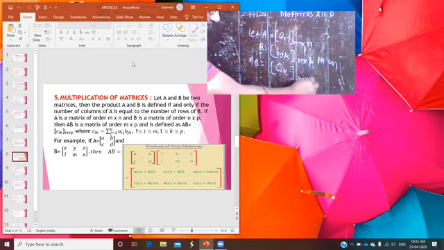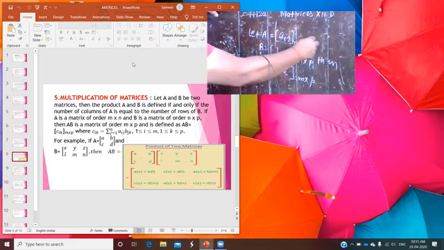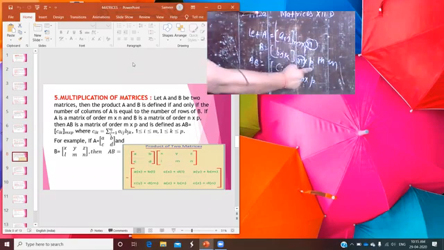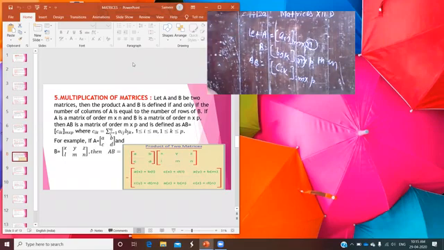That means the common dimension between these two matrices cancels out, only for understanding purposes, and the product matrix AB has the remaining order, m by p.